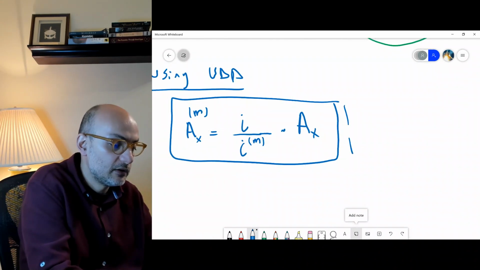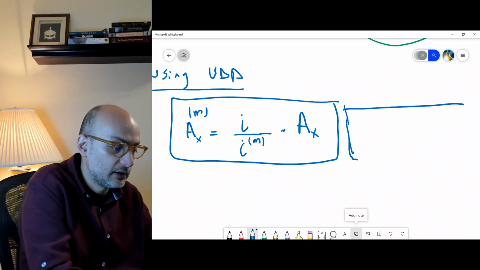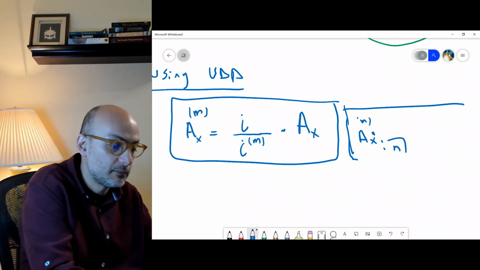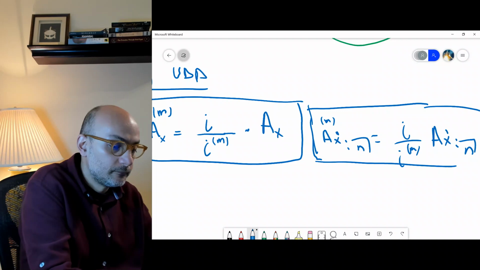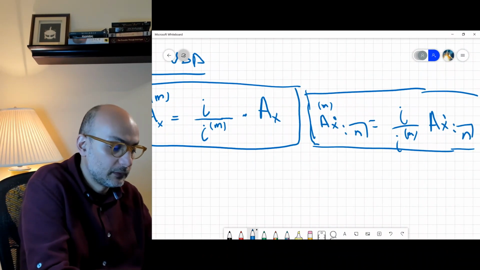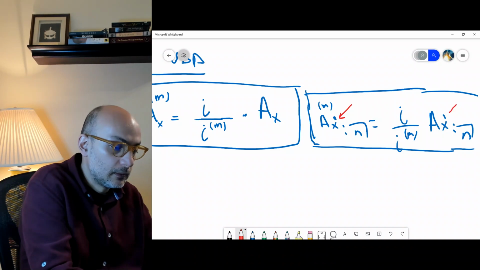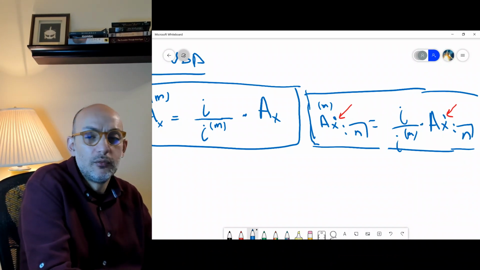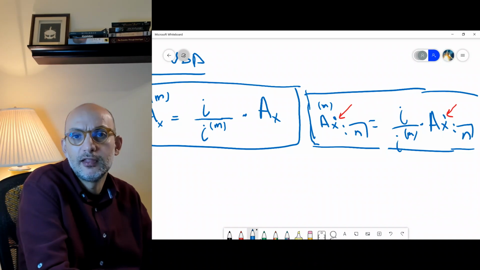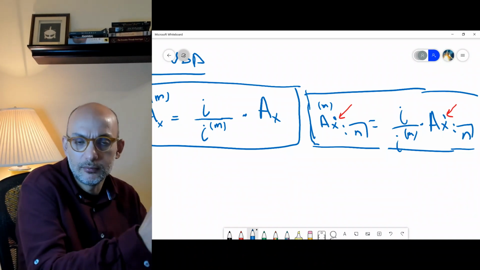Same logic here, we can also write A_x:n with 1 is equal to I over i^(m) times A_x:n with 1. Remember here there is 1. Very careful about this one. The 1 here, if this is the term, you cannot do it for the endowment. If there is no 1, you need to split it, like what I told you about the quotient before.